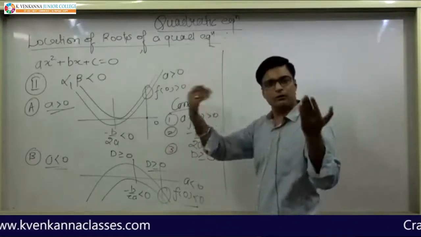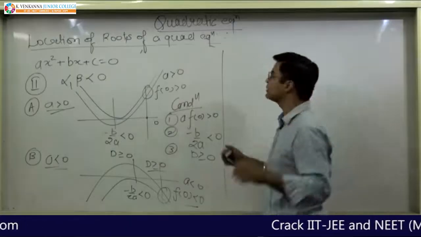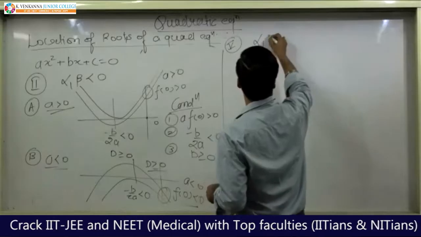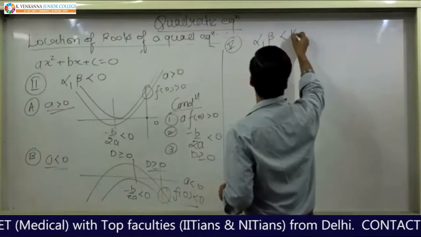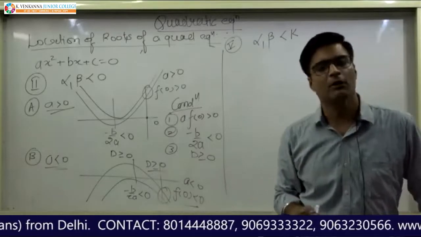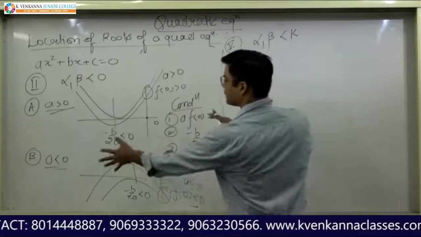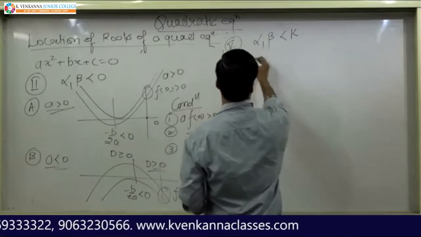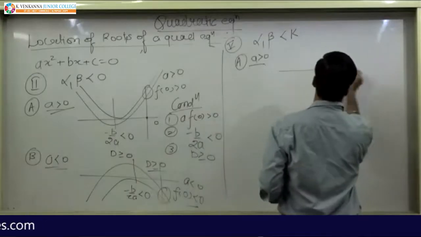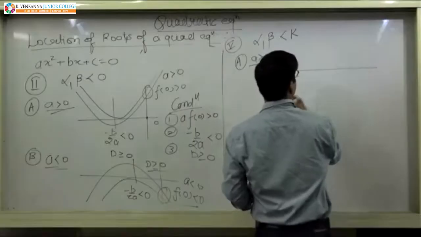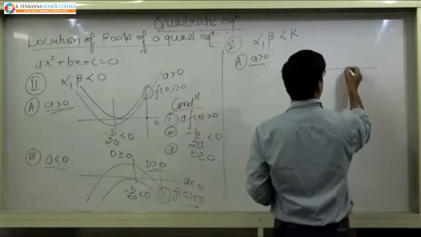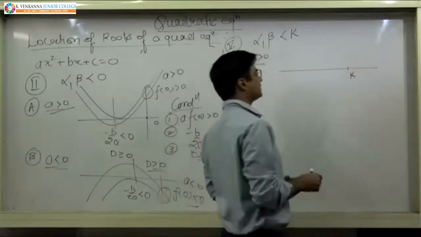So we already covered case number 4. So let's say case number 5: when alpha, beta both are less than some particular value, let's say k. We will compare with this. Let's say a is greater than 0. Because we don't really need the origin, let's say your k is somewhere here.